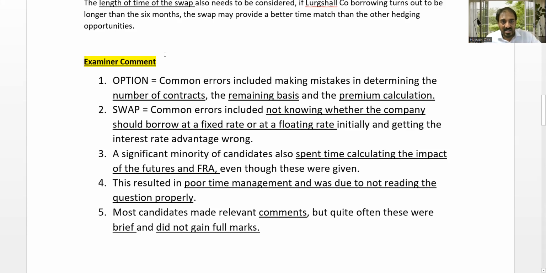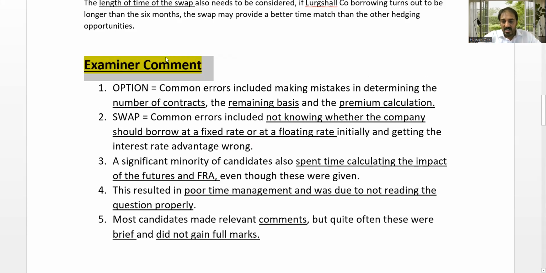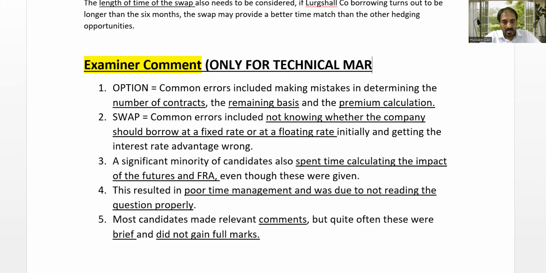But here are the examiner comments related to technical marks only, just to identify what common mistakes students made during the exam.